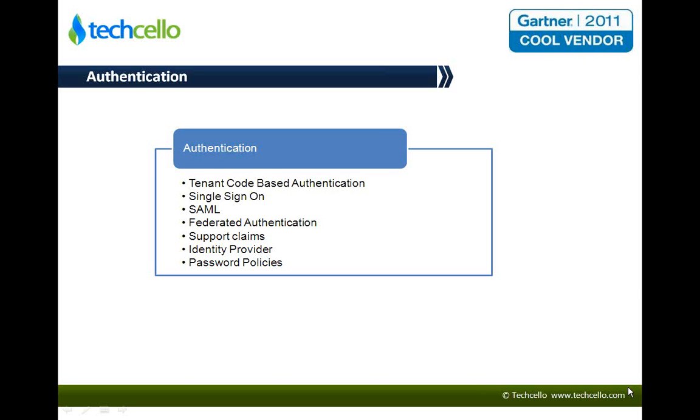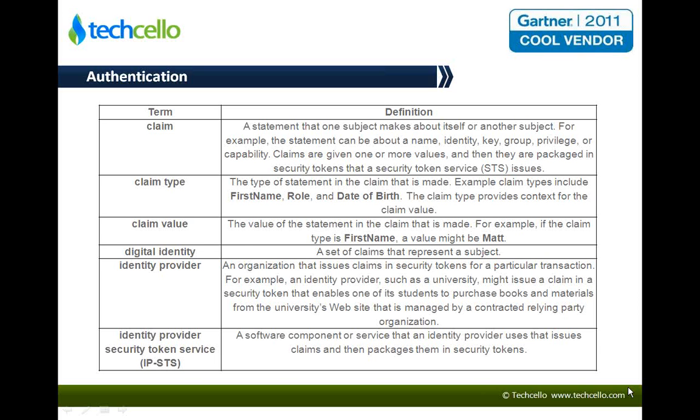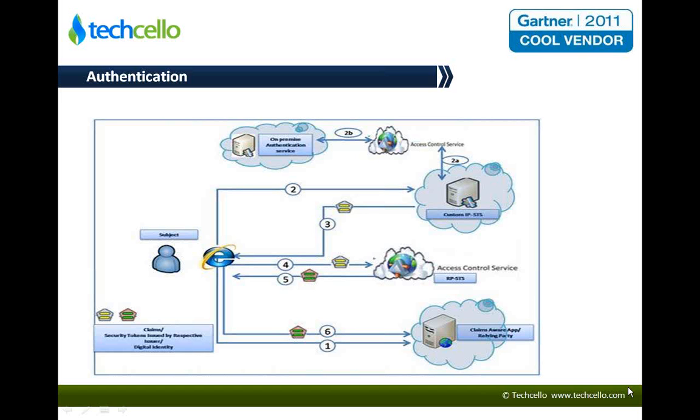So adopt standards like SAML, so that it's easier for you to talk to any of the authentication mechanisms from your organization's end. So that's authentication. Just a quick view on how authentication in a federated scenario works.